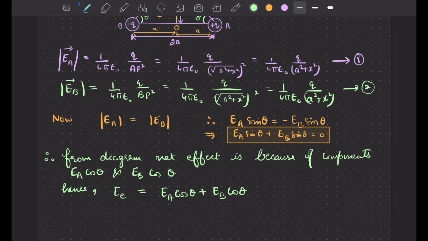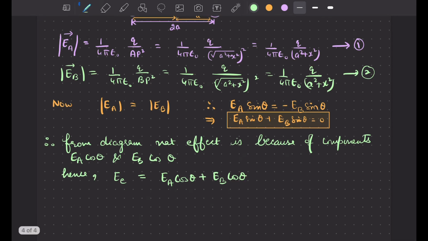In order to solve this equation, we just need to take cos theta as common. You just write it as EA plus EB, times cos theta, and now we can substitute the values of EA and EB.